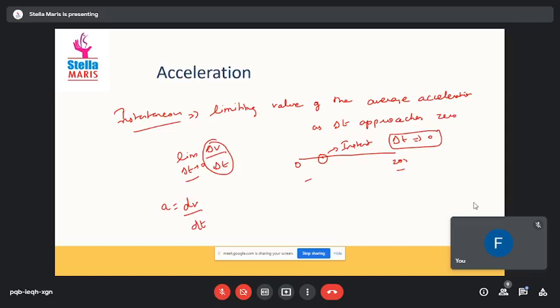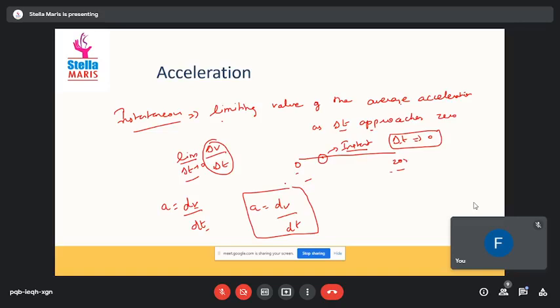Yes. Instantaneous acceleration is nothing but the limiting value of the average acceleration as del t, time interval, approaches 0. Why does the time interval approach 0? Because we are concerned about that instant only, not the time interval. So since del t approaches 0, we are applying limit. When you take the limit, it becomes the differential coefficient of velocity with respect to time. So instantaneous acceleration a is equal to what? dv by dt.